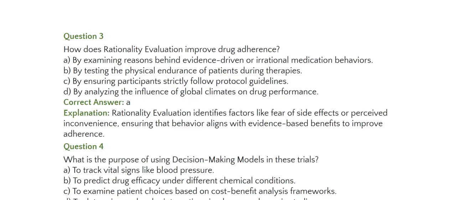So, answer would be C, as C is the most accurate, correct answer in between the four choices. To examine patient choices based on cost benefit analysis framework. So, C would be the answer, as decision making models analyze patient decision making processes using rational frameworks such as cost benefit assessments to evaluate adherence behavior and preferences.